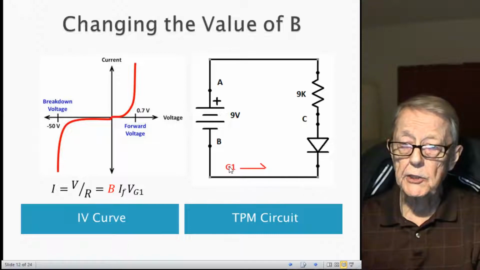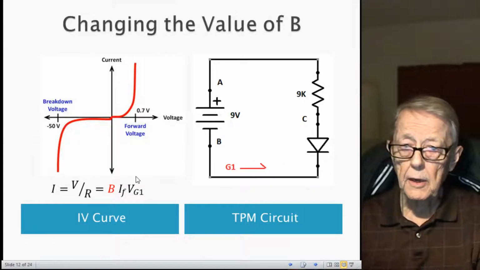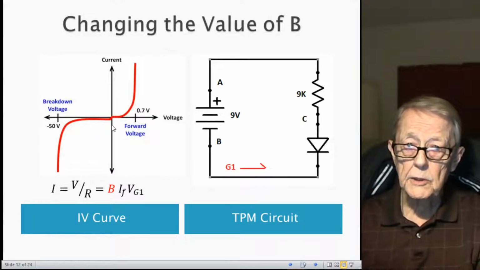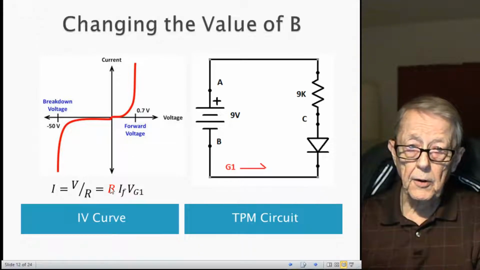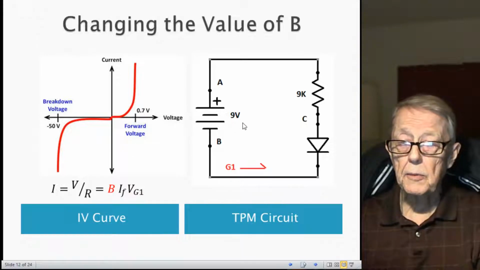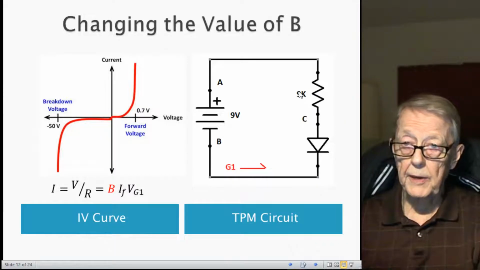I want to change it with a low number, meaning low current, which will be operating in this region, then a higher number, higher current. To do that change in a resistor, I'm going to leave the 9 volts alone, and I'm going to decrease the 9K to 4.5K, then down to 2.25K.